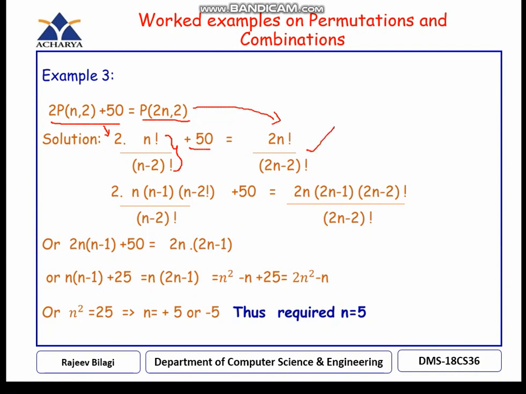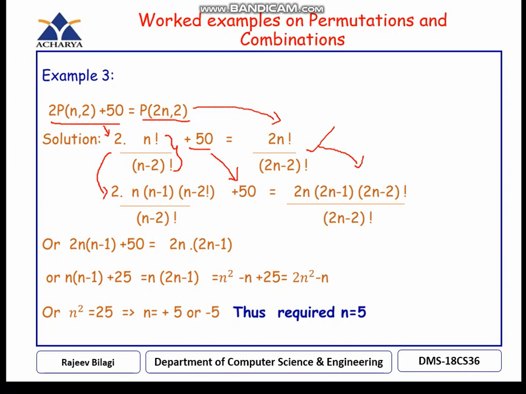This I have written here. So now with this, 2 into n into bracket n minus 1, (n minus 2) factorial I can write divided by (n minus 2) factorial plus 50 as it is, and this one I have written like this: 2n into bracket 2n minus 1 into another bracket (2n minus 2) factorial divided by (2n minus 2) factorial.